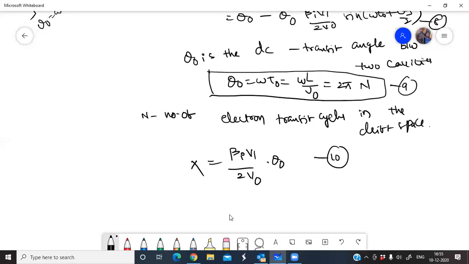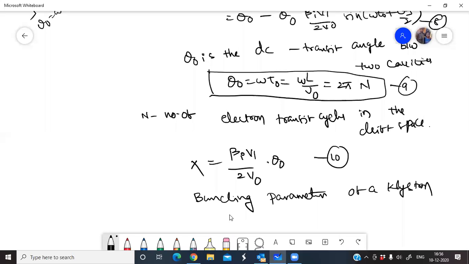This is known as the bunching parameter of a klystron.